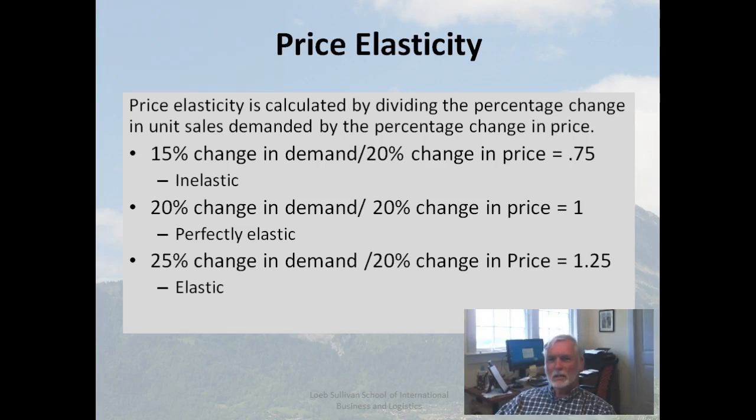Perfect elasticity, price changes 20%, demand changes 20%. And then for an elastic product, price changes 20%, demand changes 25%. So if you're thinking about pricing, if I reduce my price 20% and my demand goes up 25%, that's an elastic product. Therefore, price reductions in an elastic product generate more revenue.